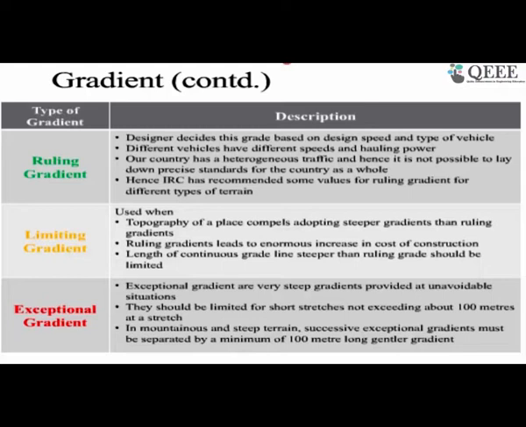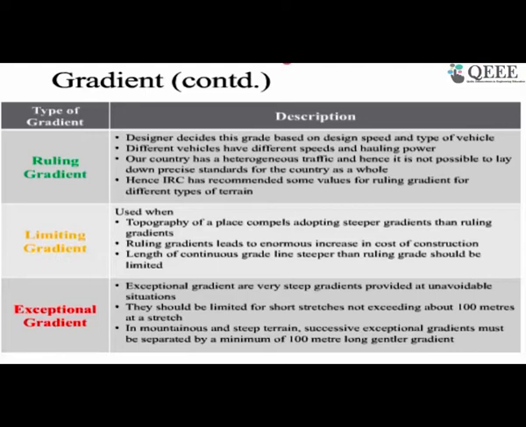We try to make sure that the length of this continuous grade line given the ruling gradient is limited. You cannot just provide a ruling gradient for a longer stretch. Apart from the limiting gradient, sometimes as a designer you may need to provide the exceptional gradient, and this is again for a short stretch.